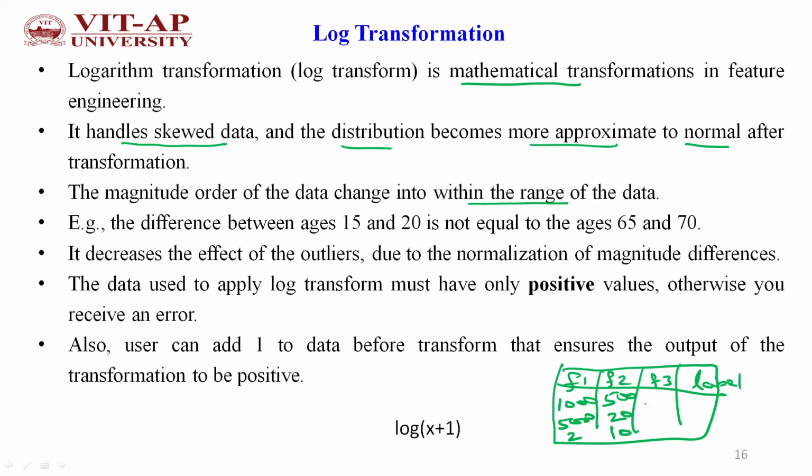When you have values like this, different scales are there. So you can apply log of 1000, log of 5000, log of 2. Then the highest range will be transformed into a lower range. You reduce the range into a smaller range, so you can reduce the computational power. That is the main thing.